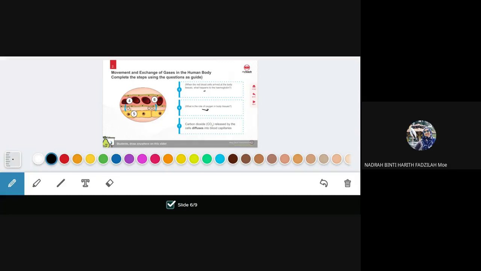So carbon dioxide in step 7, carbon dioxide will be released from the cell into the blood capillaries so that it can move towards the lungs. Okay, so saya ulang. Tadi step number 4, kita tengok ada jawapan lain tak yang kita boleh rujuk.